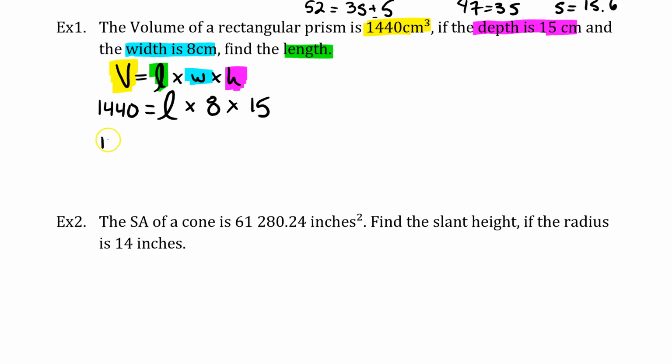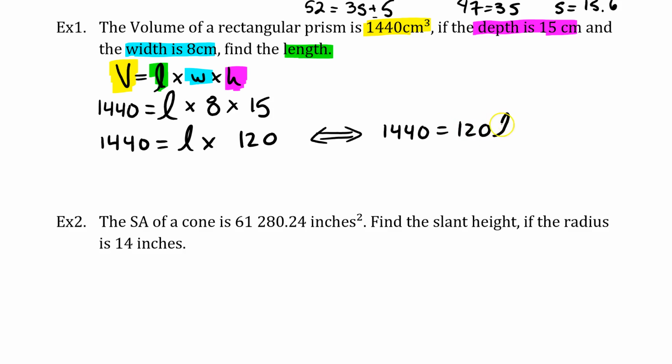So 1,440 equals L times 120. Another way I can write this is 1,440 equals 120L. Either way, it's the exact same thing.